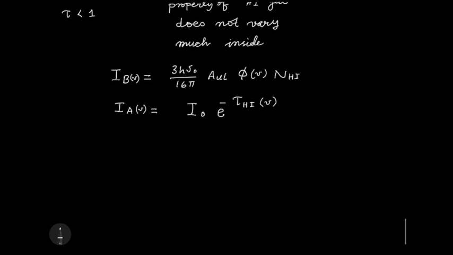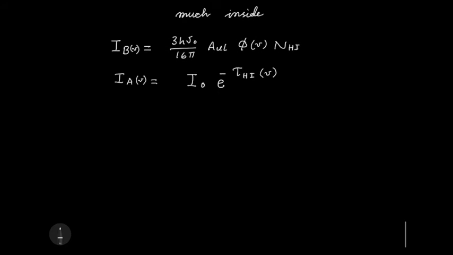Alright. Now tau H1 is a function of frequency. Remember, all these are functions of frequencies. So when I look at this I_A, I can plot it against frequency. Let's see what I will see.